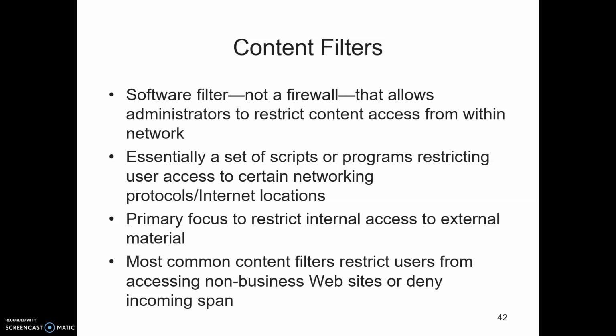The filtering is a method used to restrict specific access requests to the identified resources, which may be websites, servers, or whatever resources the content filter administrator configures. The most common content filters restrict users from accessing websites with obvious non-business related material, such as pornography, or deny incoming spam email.